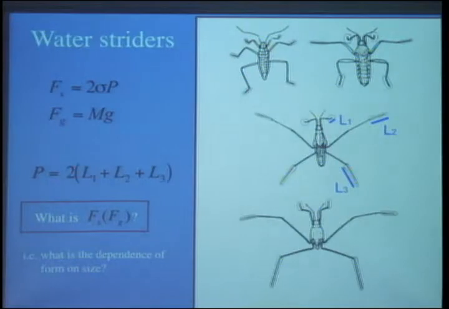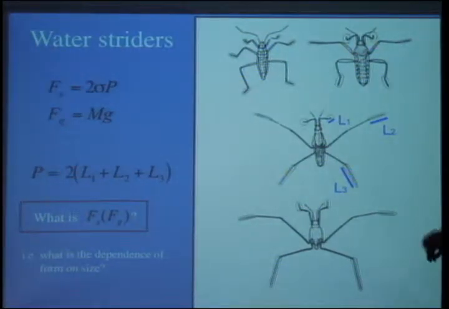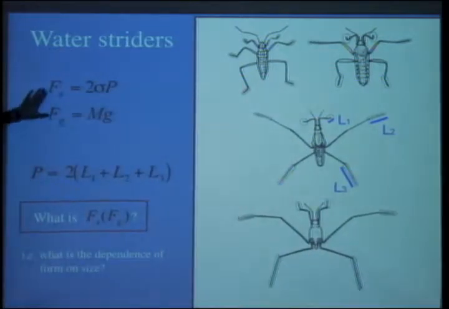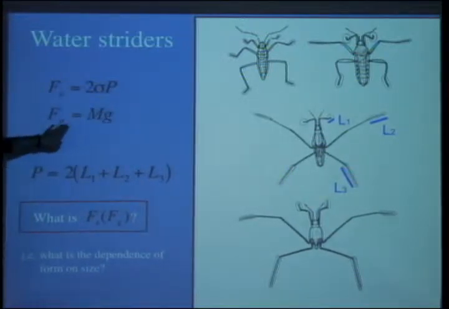Okay, and so you can ask a more complicated question about biomorphology. We know that the surface tension force which is available for weight support is going to go as their length, whereas their weight is going to go as their length cubed, right?